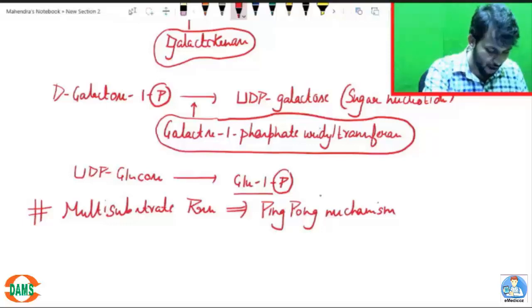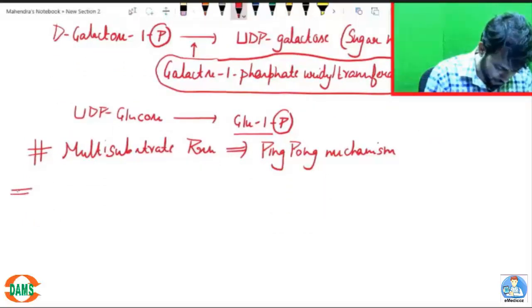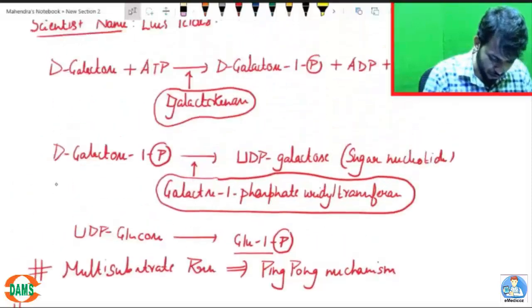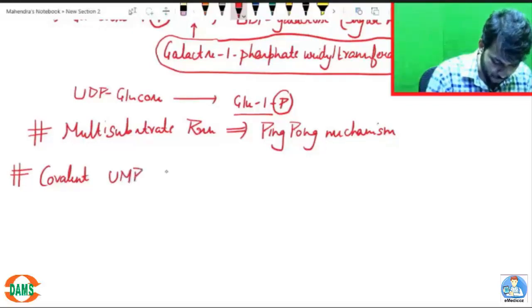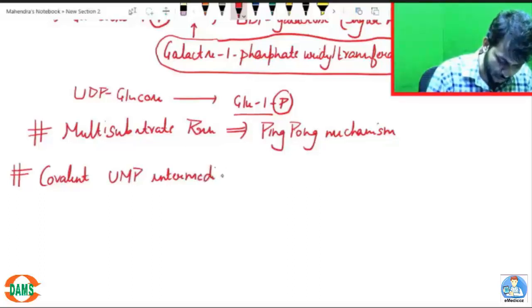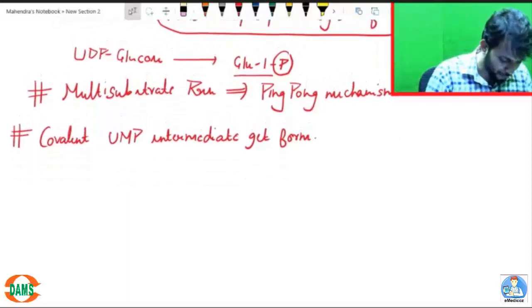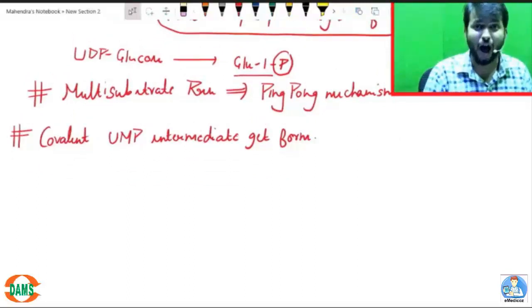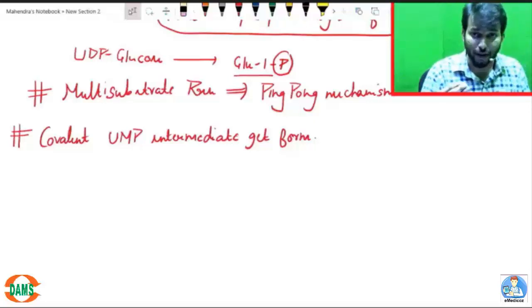It's a ping pong mechanism in which a covalent UMP intermediate gets formed. Now the glucose 1-phosphate is transferred in this particular reaction.